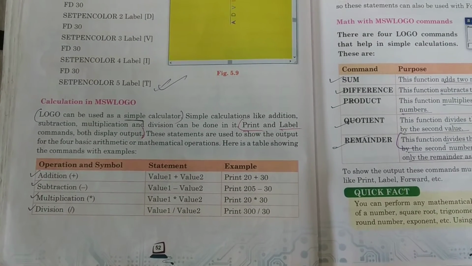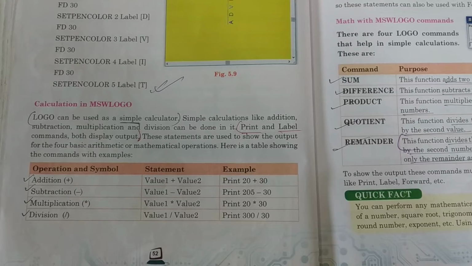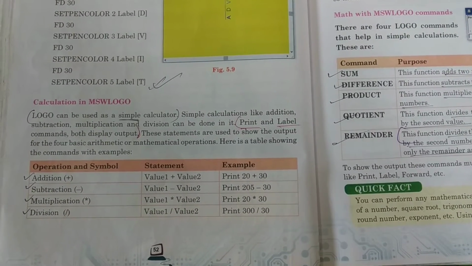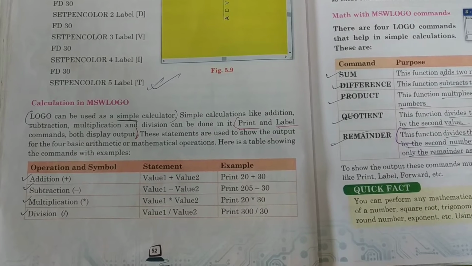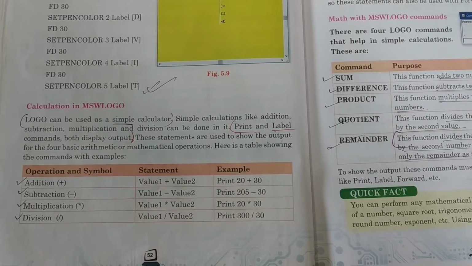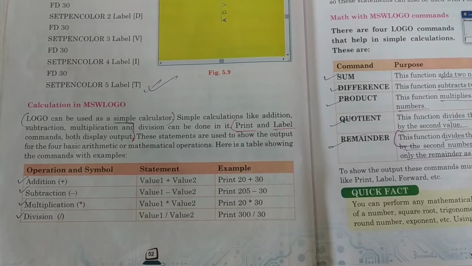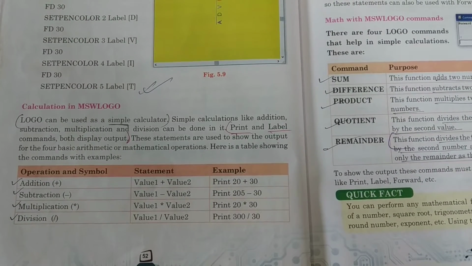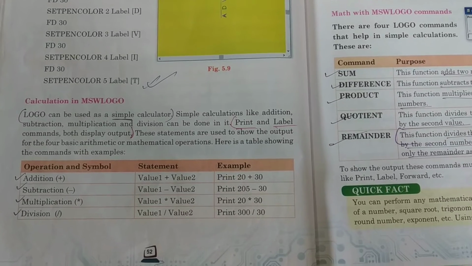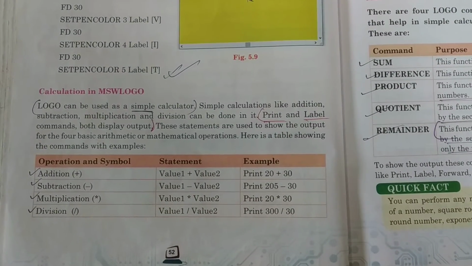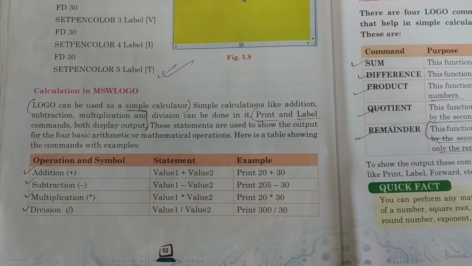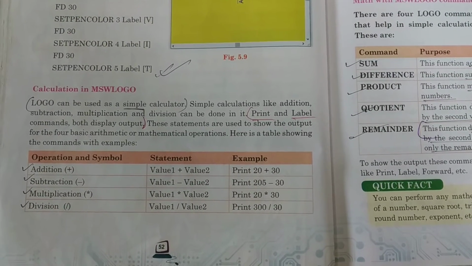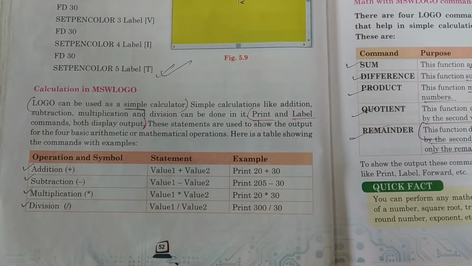Now, what are the various commands that we can use? See, print and label commands we can use for displaying the output. Output means the results. These statements are used to show the output for the four basic, fundamental arithmetic or mathematical operations. See the table which is given on page 52. Operation and symbol, that is addition. For adding two numbers or three or four or more numbers, we can use this.